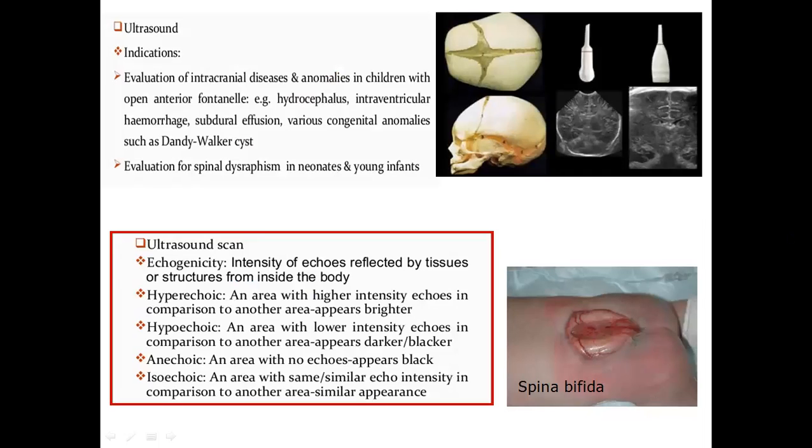Ultrasound is also of limited use because ultrasound waves cannot pass through skull bones.